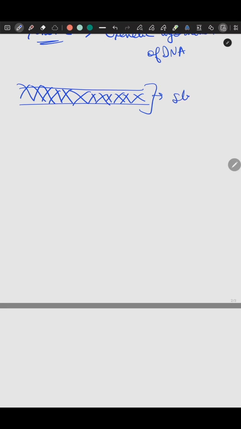When DNA, 2 DNA, 3 DNA, 4 DNA, 5 DNA come into a line or form together, it is known as a strand. For example, this is one strand of DNA.